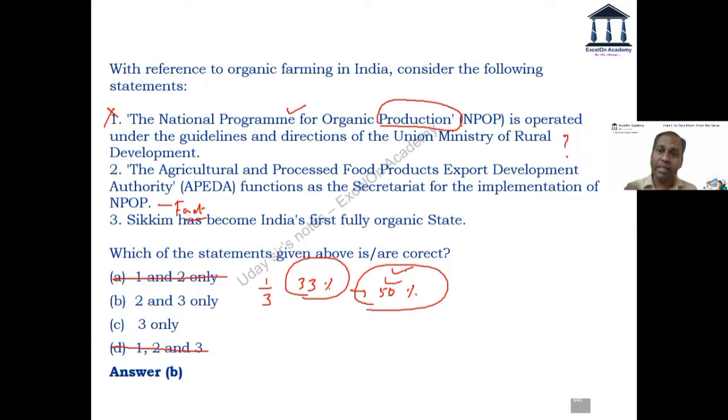Next level of thinking. So what helped you in this question? The first thing that helped you was your knowledge, Sikkim. Then the next thing that helped you was critical analysis, which was statement 1. So some amount of iteration happened. But the third thing, those who are eventually able to get it correct were either lucky or had actually studied this statement.